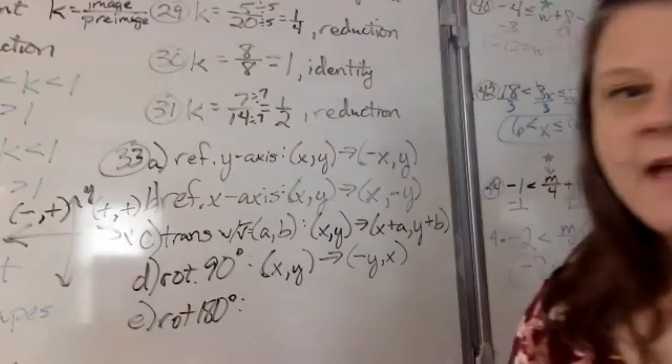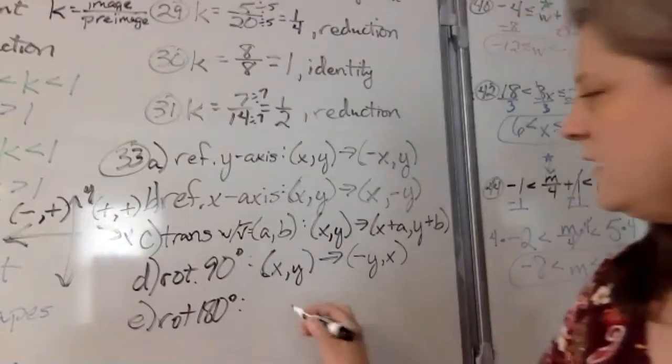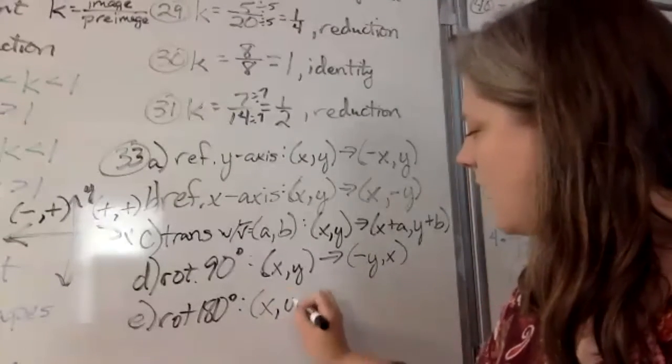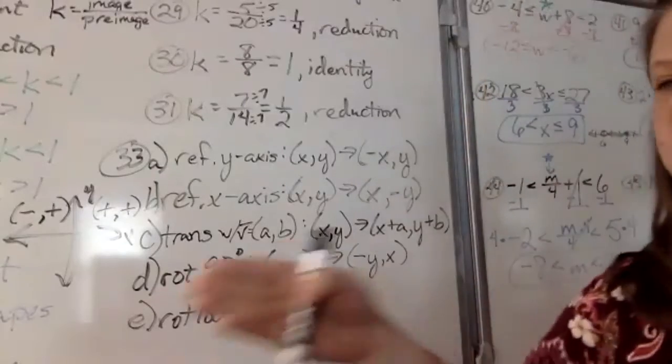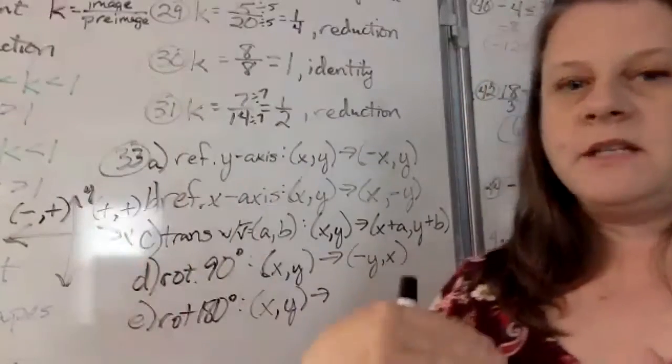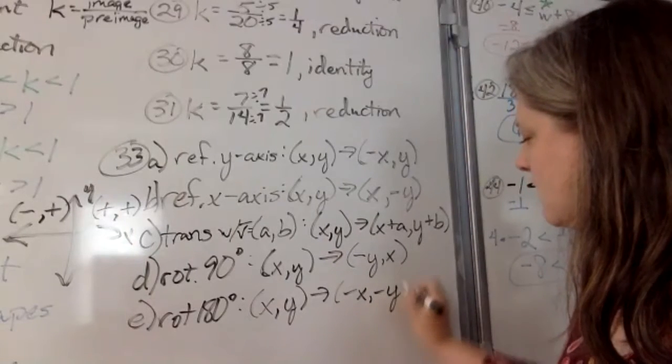So what we're going to have on here is x and y, and then it just changes the sign because it's turning it exactly the opposite direction. So you're going to have negative x and negative y.